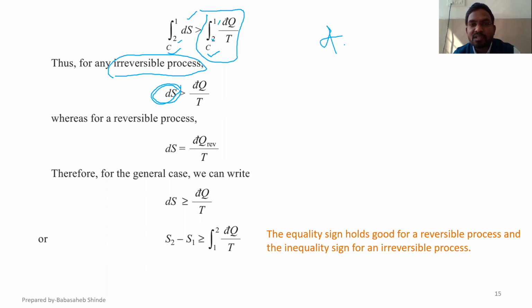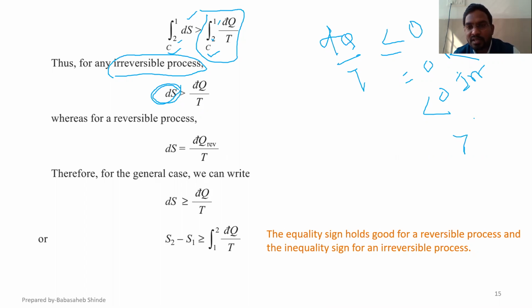Just like this one, the cyclic integral of dq by T less than or equal to 0. What relation was there? If it is equal to 0, the process is reversible. If it is less than 0, the process is irreversible. And if it is greater than 0, the process is impossible. Similarly, if it is less than dS, the process is irreversible and possible.